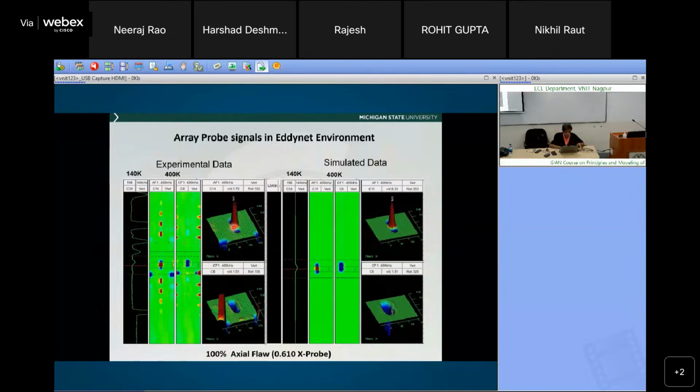As I said, the array probe generates what's called the axial channel and circ channel. This is the axial channel signal, and this is the circ channel signal. And the match is very good. This is the top view, and this is the three-dimensional plot. So that is where we are right now in this particular project.